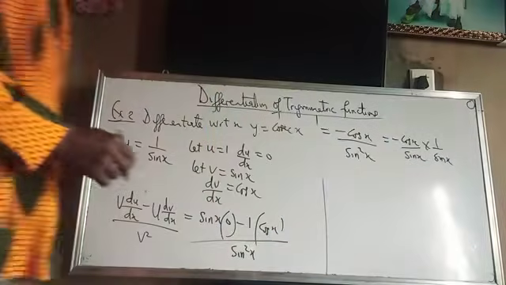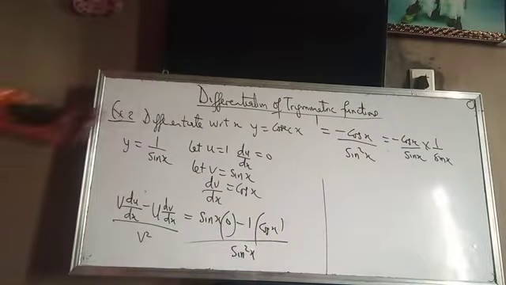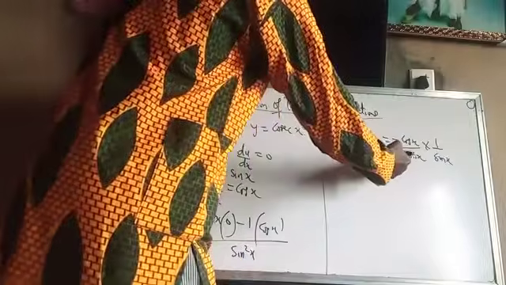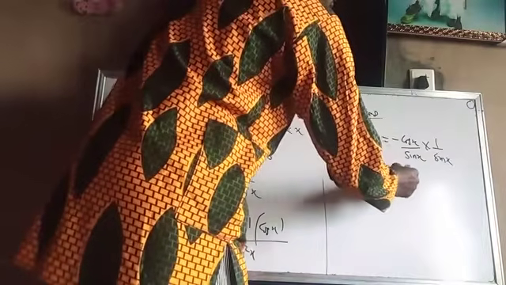Now we can write this as minus cos x over sine x times 1 over sine x. Yes, you can write it like that. So cos x over sine x is cot x. So minus cot x, and 1 over sine x is cosec x.